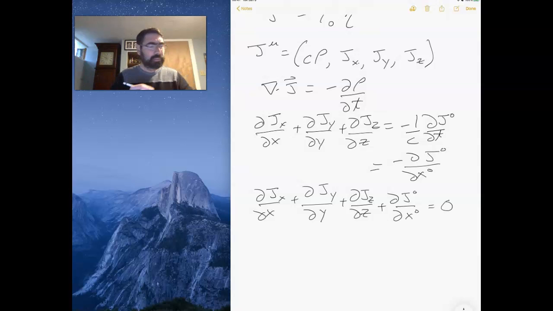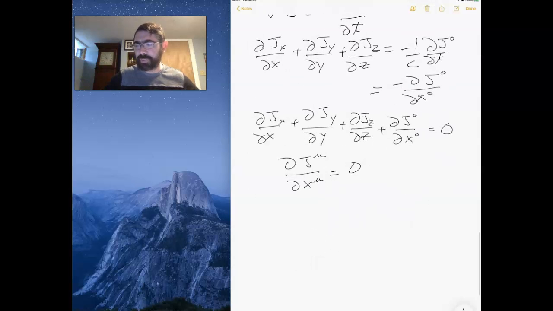And what I get is a divergence of 4 vectors, or as I like to write it, I like to avoid putting indices in denominators, so I would write it as the dot product of the derivative operator with the current.